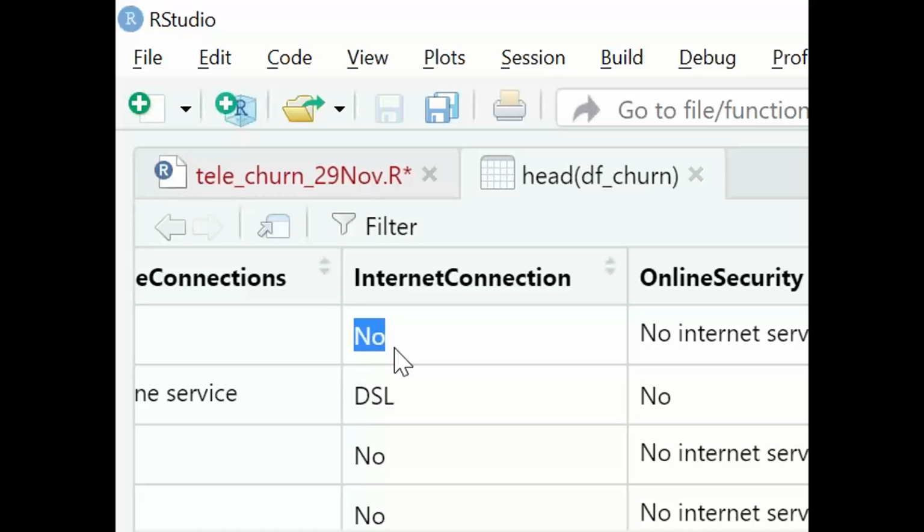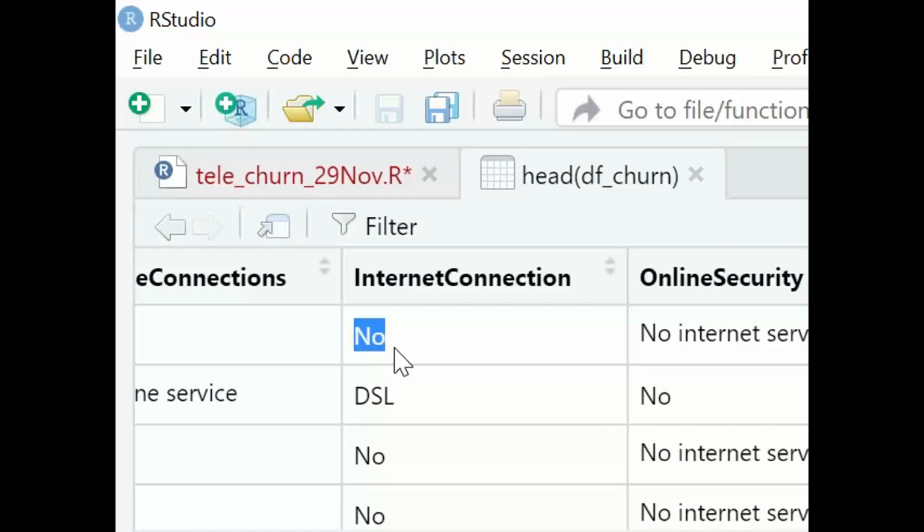It happens, right? For example, from Airtel, many of us take the phone line and say we do not want the internet. If I'm not using their internet, they will not be able to provide me any online security either, correct? So that is why it automatically becomes no over here.